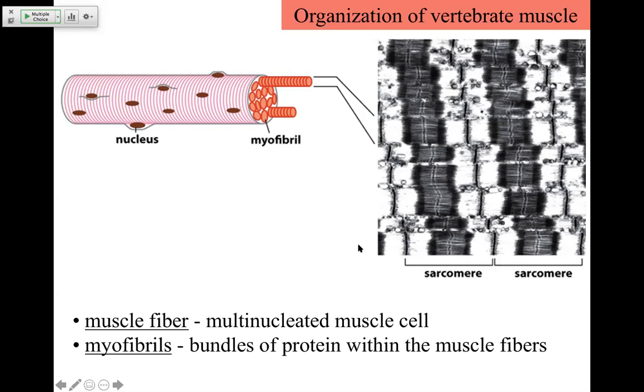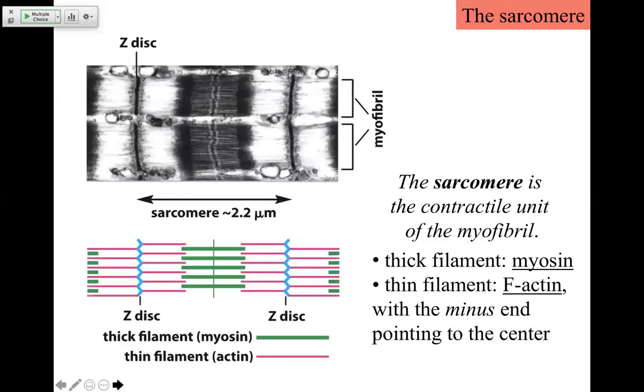So on the next slide, we're going to blow up an individual sarcomere, the contractile unit. This is why skeletal muscle cells look striated, they look like they have stripes, due to the arrangement of all of these parallel filaments within each of these individual sarcomeres.